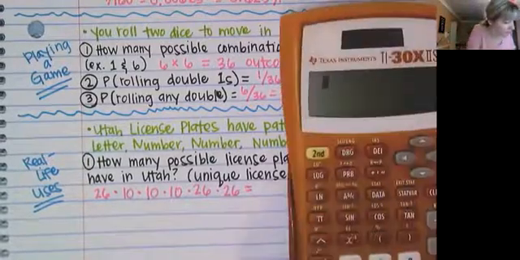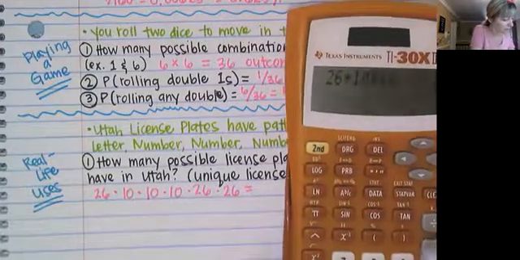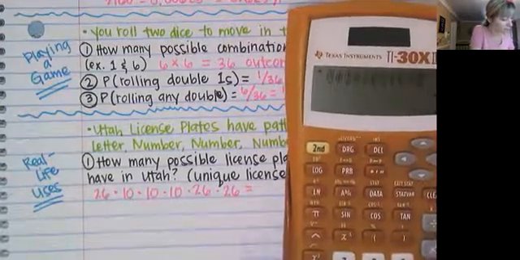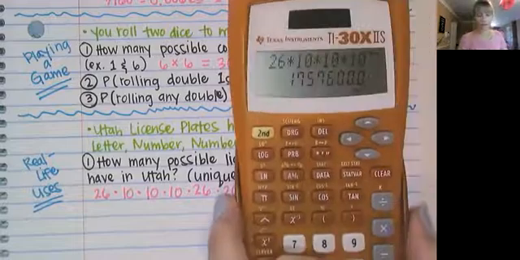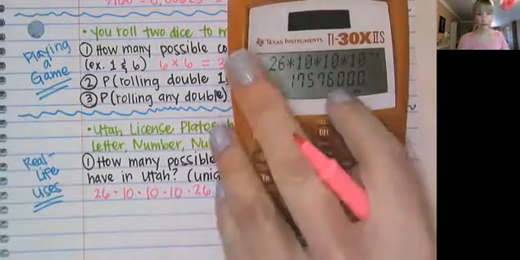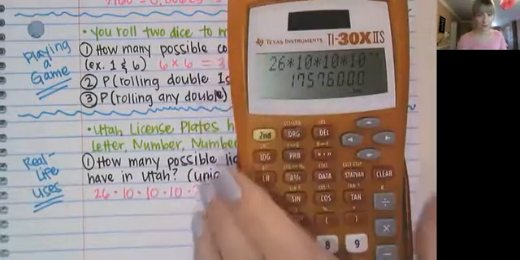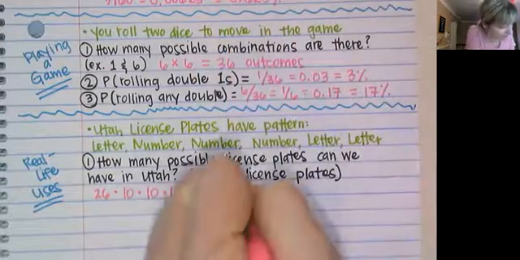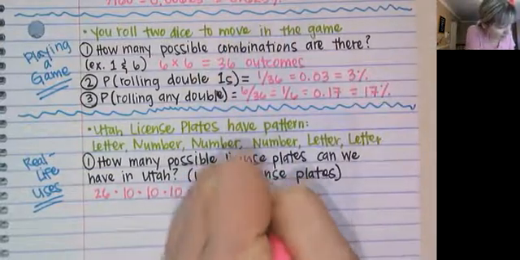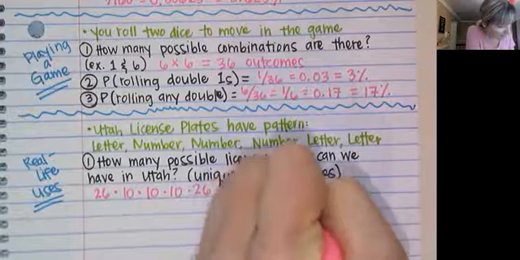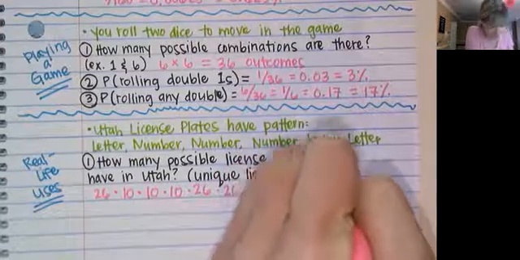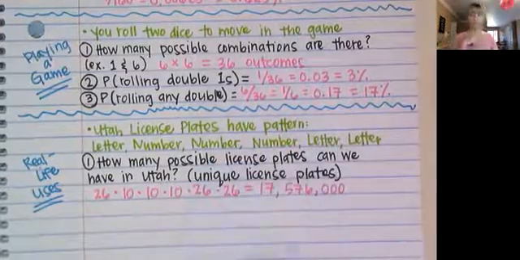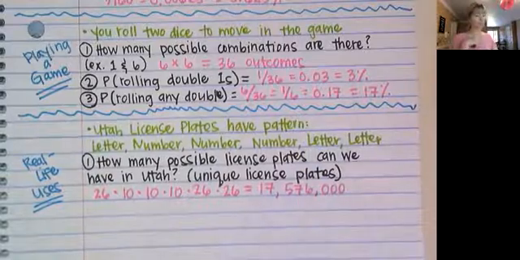So if I type all this in, 26 times 10 times 10 times 10 times 26 times 26, look at that number. If I put my commas in to help me with the place values, this number is actually 17,576,000 possibilities. That is how many possible license plates we can have in Utah.